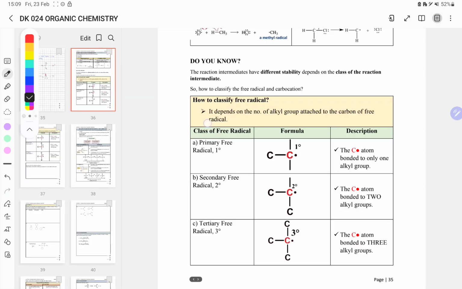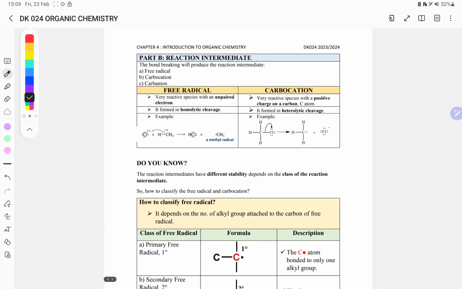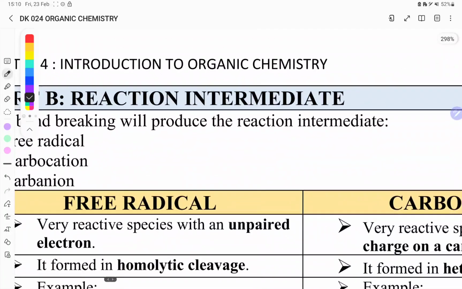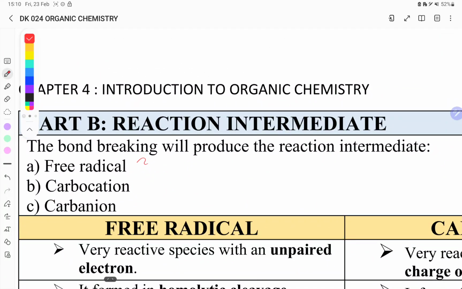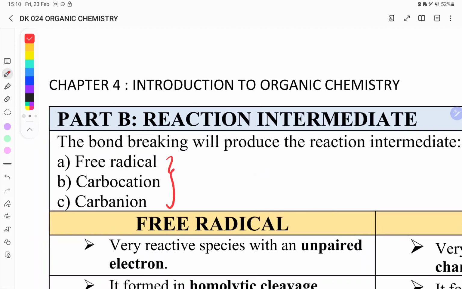Okay. So, now, kita nak tengok reaction intermediate. So, ada 3 reaction intermediate that we want to focus on in organic compound. Intermediate tu saya dah define dekat dalam kelas, which is produk perantaraan. Okay, produk perantaraan.